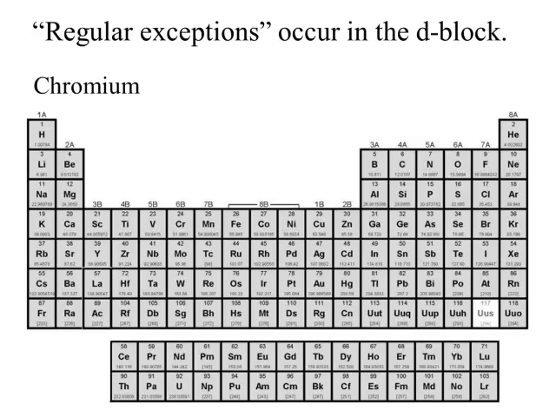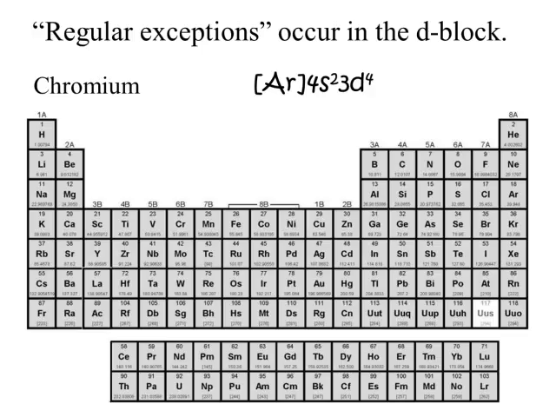As an example here, look at the element chromium. Based on what we've learned up to now, we'd write that the electron configuration is argon 4s2 3d4. But if we were to rearrange our placement of the electrons, we could make both the 4s sublevel and the 3d sublevel half full. And this is what really happens.